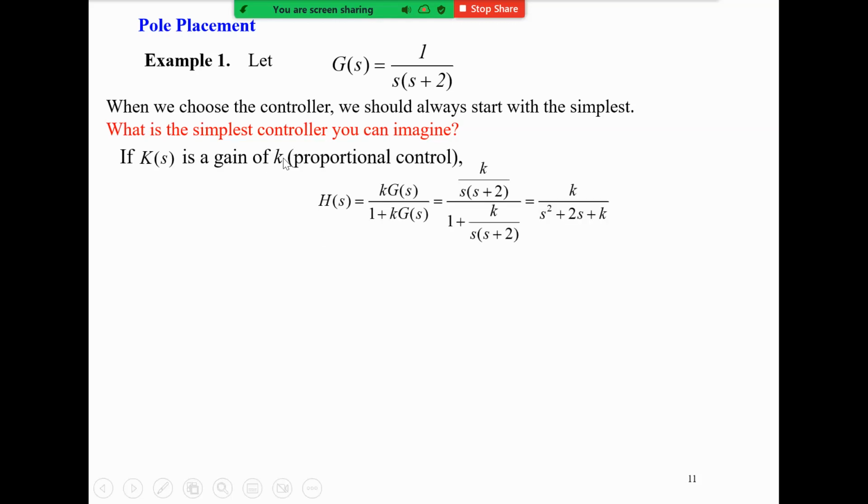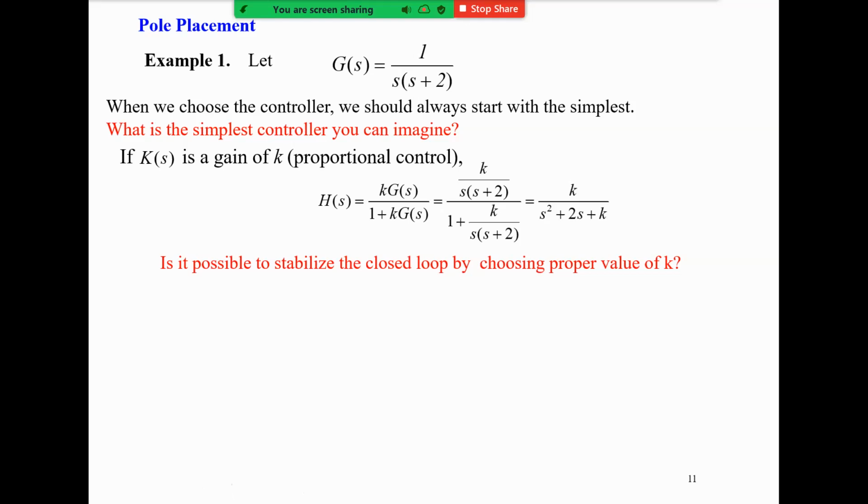So let's just plug in, say the controller is just a simple gain, proportional control. You plug it in, K times this transfer function, this is G, and then we'll end up with the transfer function of the closed loop in this form. You just pay attention to the denominator. Is it possible to design the K such that the closed loop is stable?